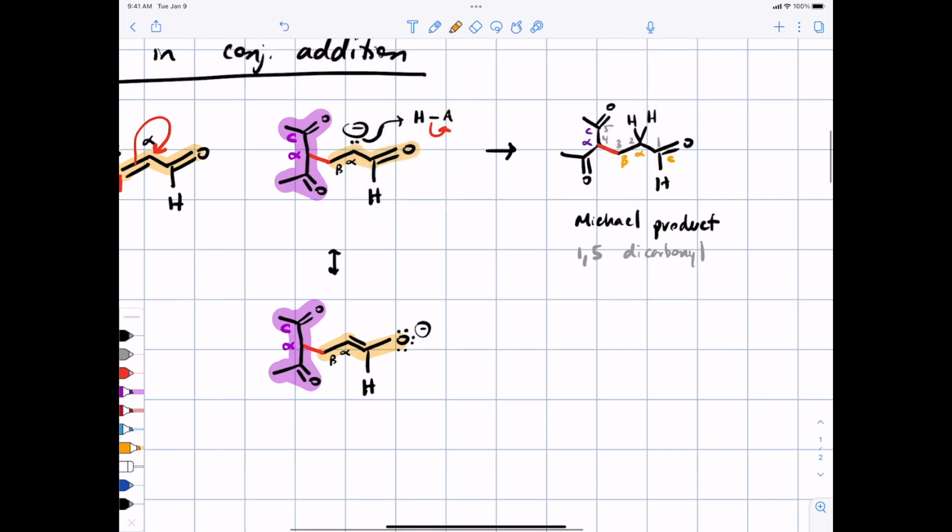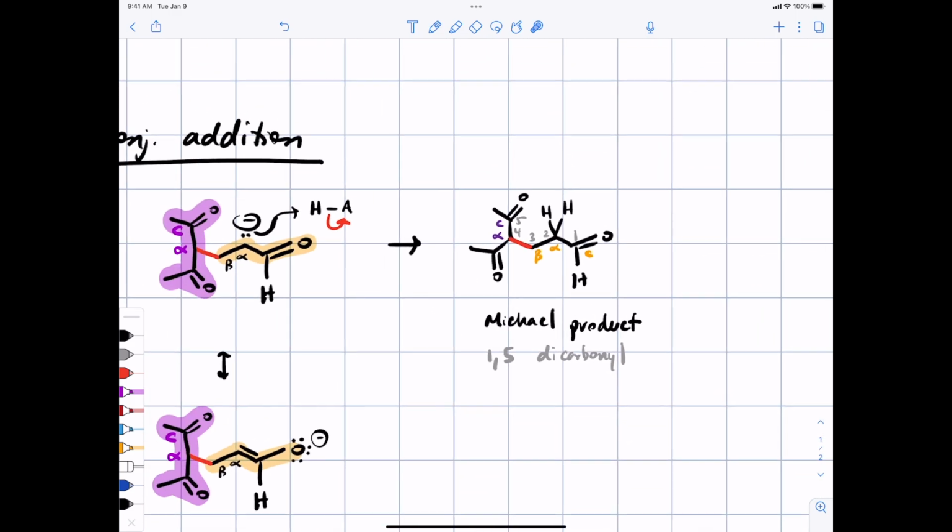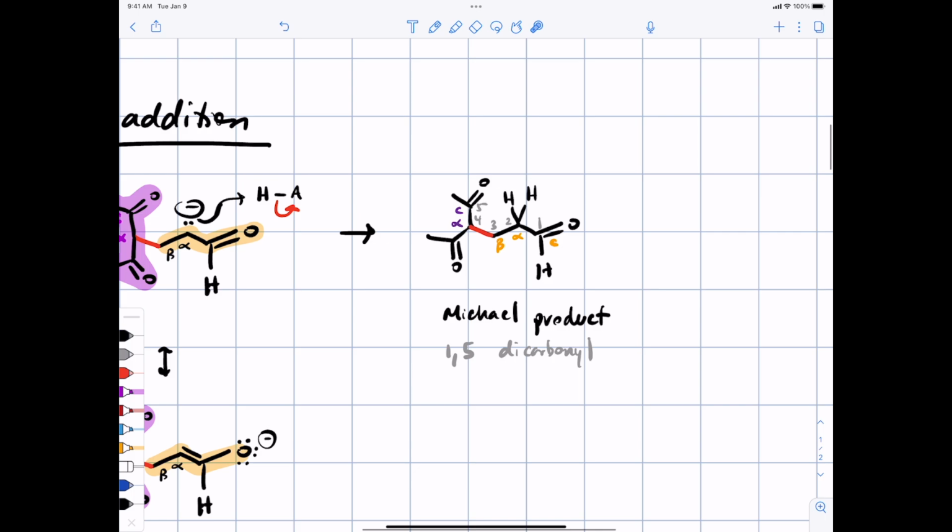though protonation on the alpha carbon is favorable because that gives you the more favorable keto product instead of the enol product. And then we talked about how the product of the Michael reaction basically gives you two carbonyls that are on atoms 1 and 5 respectively.